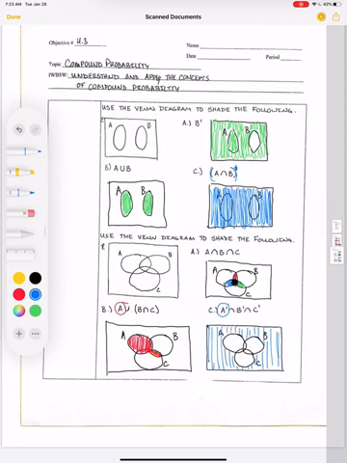So that's the outside of the box. It's also part of B and part of C, as long as we don't cross A at all. Okay, so that's everything that's not A. Everything that's not B is going to be in green. So again, the box itself.